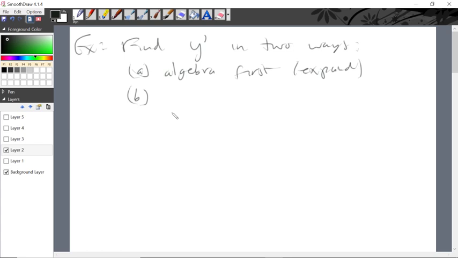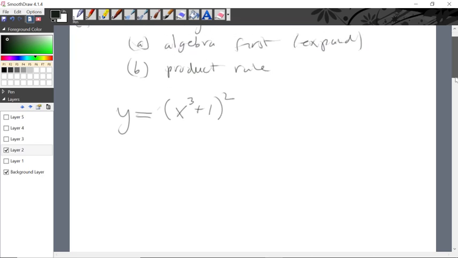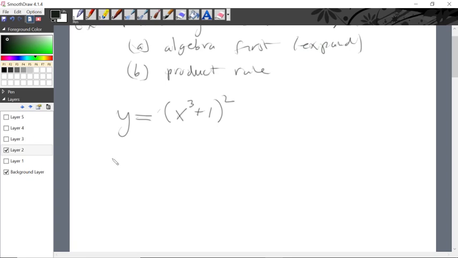And B would be by use of the product rule. For y, let's take y is equal to x cubed plus 1 quantity squared. So, two ways to find y prime.